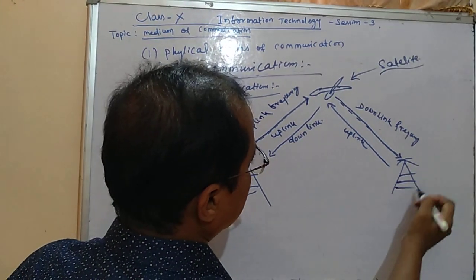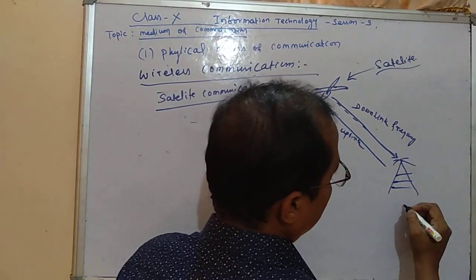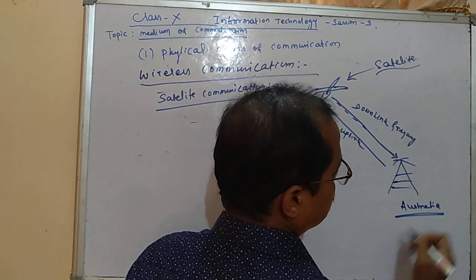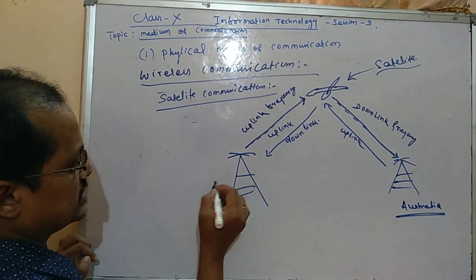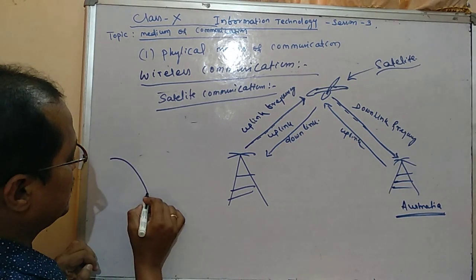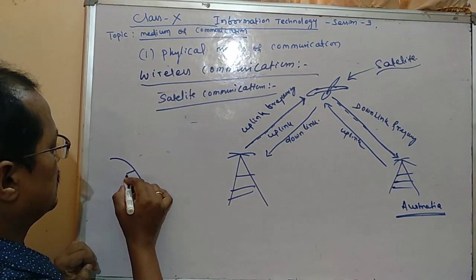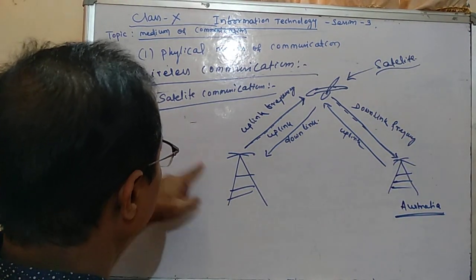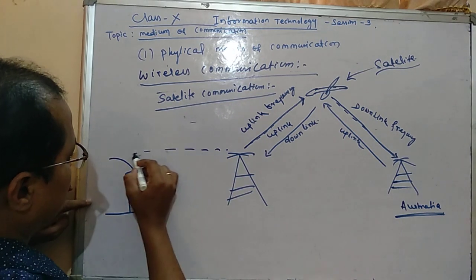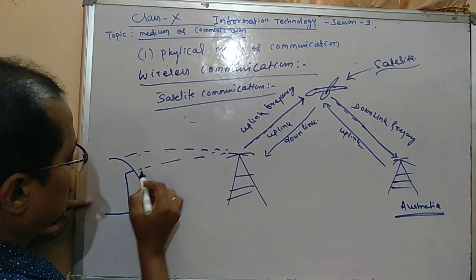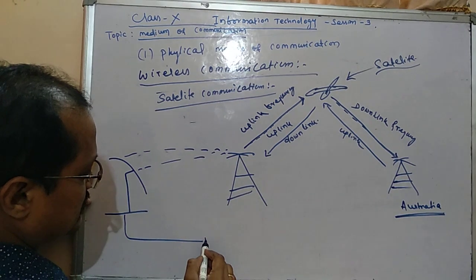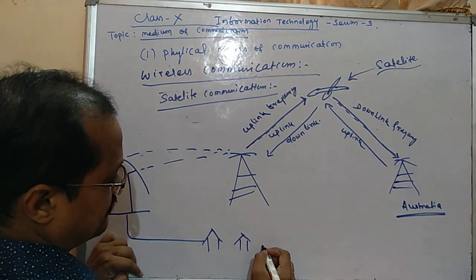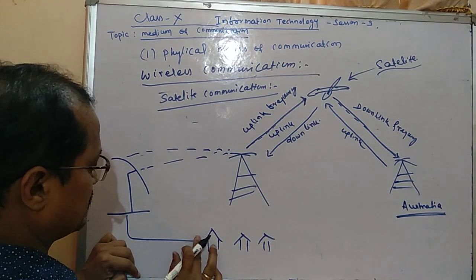Its practical use I am showing. Suppose this is Australia, the match is going on, and here India is there. From the satellite, your nearest microwave TV station, the relay is going, and then from the TV station the household supply is going.